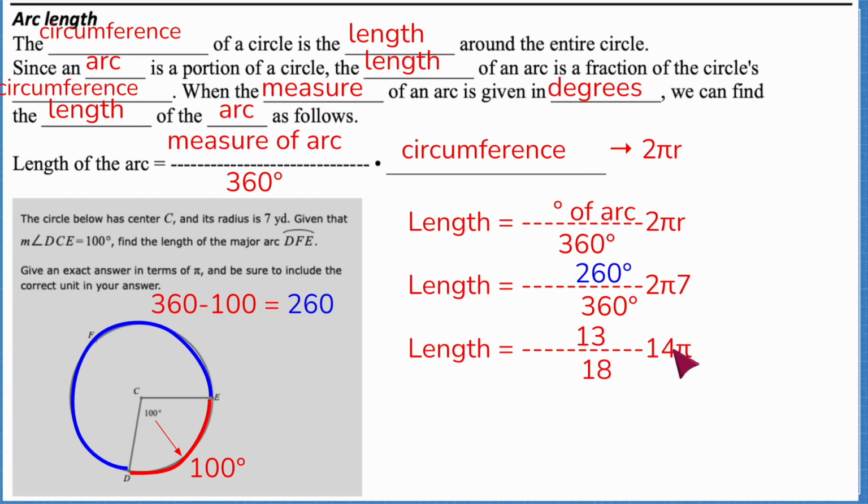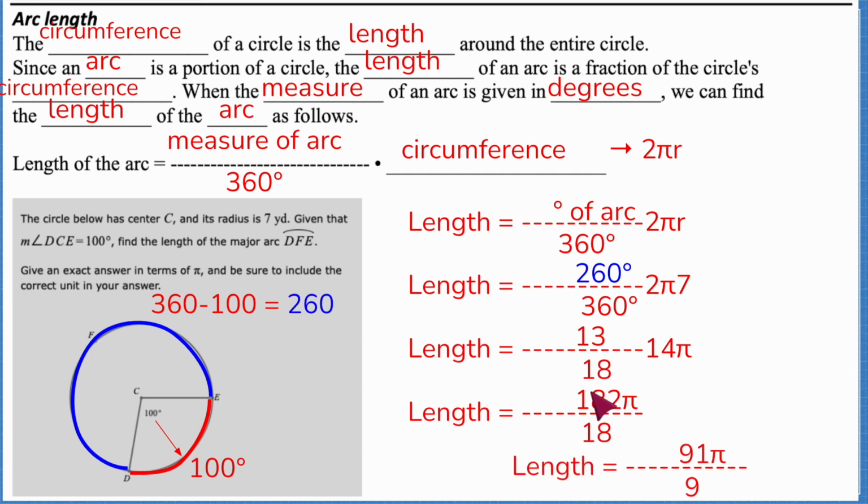So now that I have my fraction simplified, I'm going to multiply across the top. So 13 times 14, and then I'll divide by 18. 13 times 14 is 182, and I have pi up here because I also brought the pi with the 14, and then divided by 18. Now I can reduce.